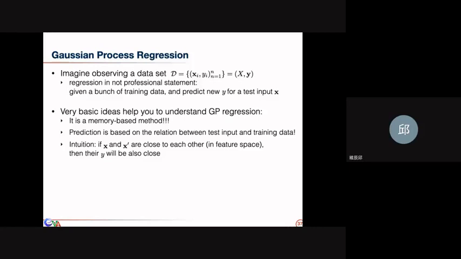Another important idea that I want to emphasize is that the whole regression model now is all about the relation between the data points, right?